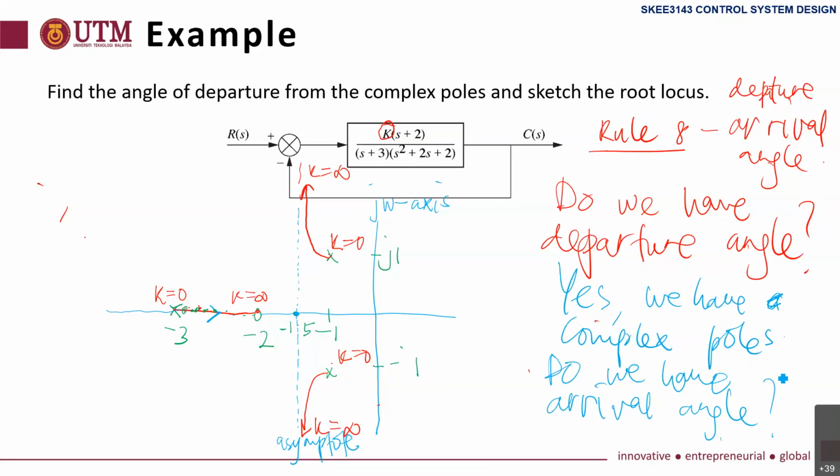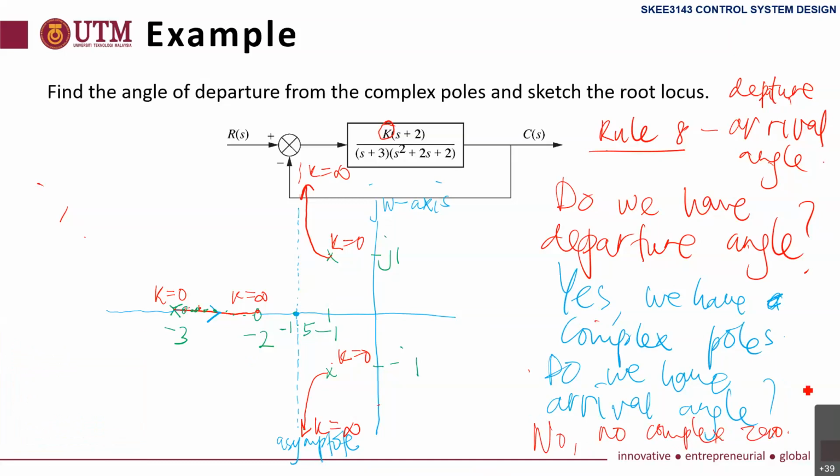No, because we don't have a complex zero. So the answer is no. If we have both, then we will have both angles.